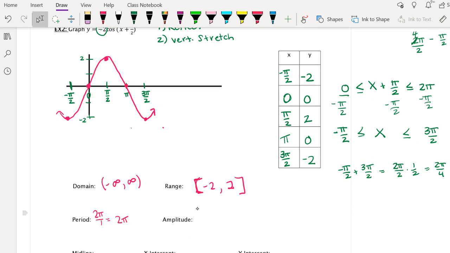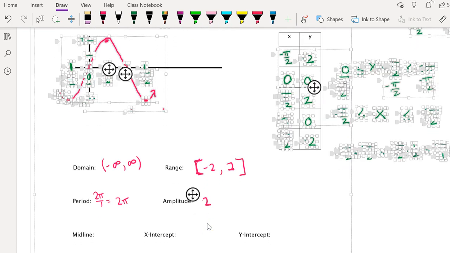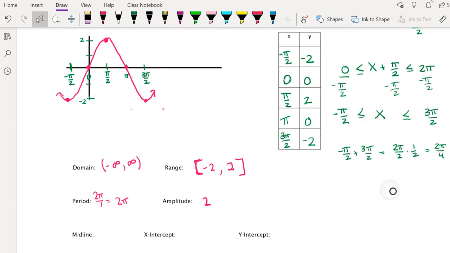The amplitude is 2. We're stretching out 2 units. The midline, there was not a vertical shift, so the midline is still y equals 0. It's still the x-axis. The x-intercepts, there's 2 of them. In this original, it's 0 and pi. And the y-intercept is (0, 0).